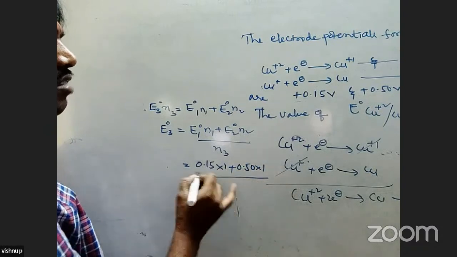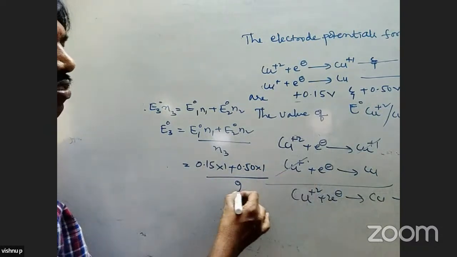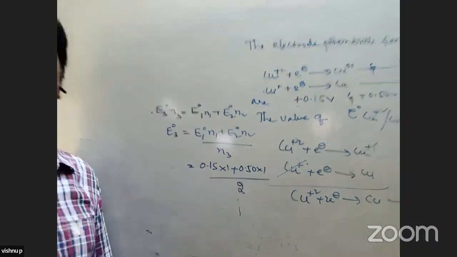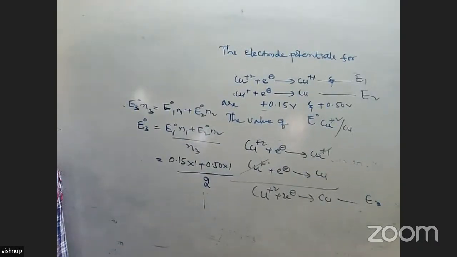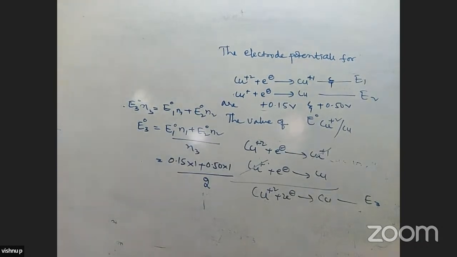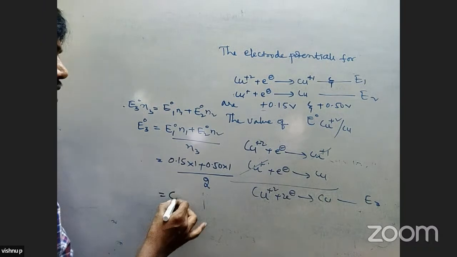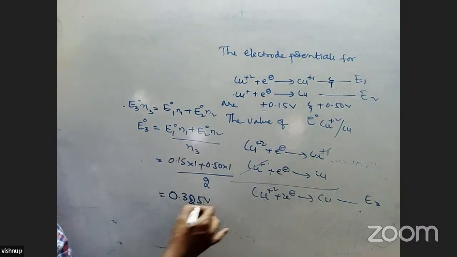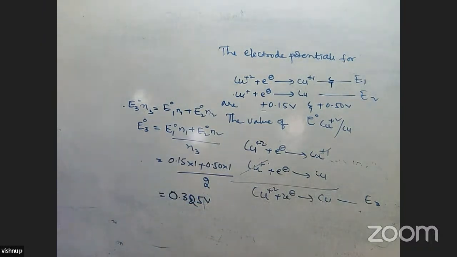Again, 1 electron is transferred. In the third case, how many electrons are transferred? 2 electrons are transferred in this third case. So from that, we can find out what is that E3 value. What is the value we get here? From this, we get 0.325 volts.